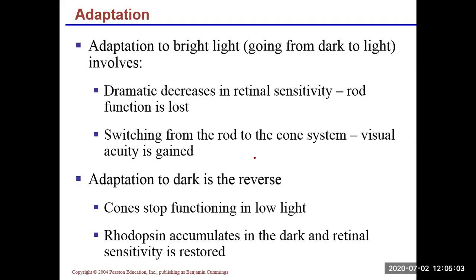Maybe some of you experienced this when you were late going to a movie theater on a sunny day. So you may not be able to find the seats right away. This is the reason why. You need to have your eyes adjust to the dark, and then you'll be able to see. So your rods are getting activated little by little, and as a result of that, you can see.